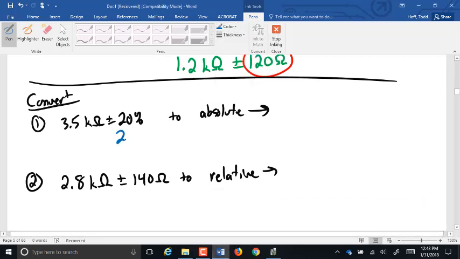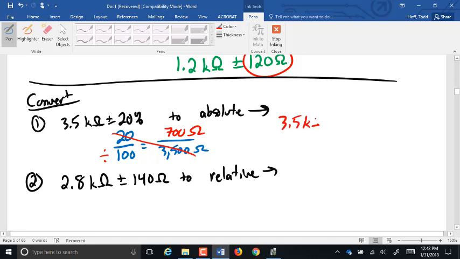So up top here, 20%, 20 over 100 equals, now we're going to put the 3.5 kilo ohms as 3,500 ohms. Cross multiply and divide, that ends up being 700 ohms. So that is 3.5 kilo ohms plus or minus 700 ohms. Look right?